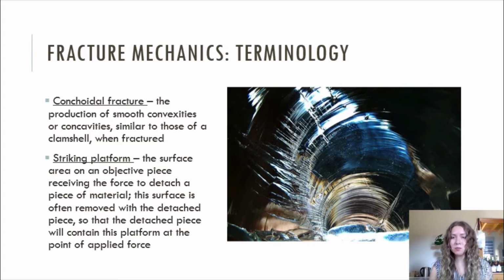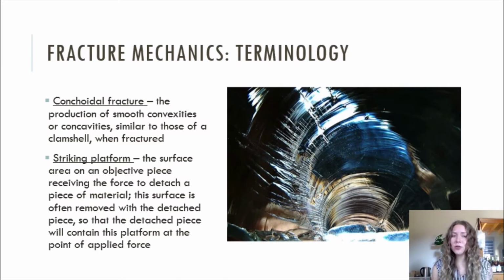And during stone tool production, another important term that you'll have to learn is the striking platform. This is the area on an objective piece which receives the force to detach a piece from that material. This is the surface that you would put all of the applied pressure on for detaching a flake.